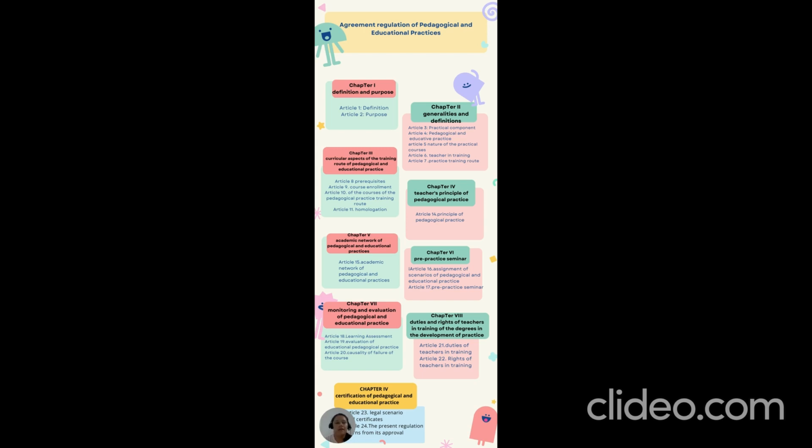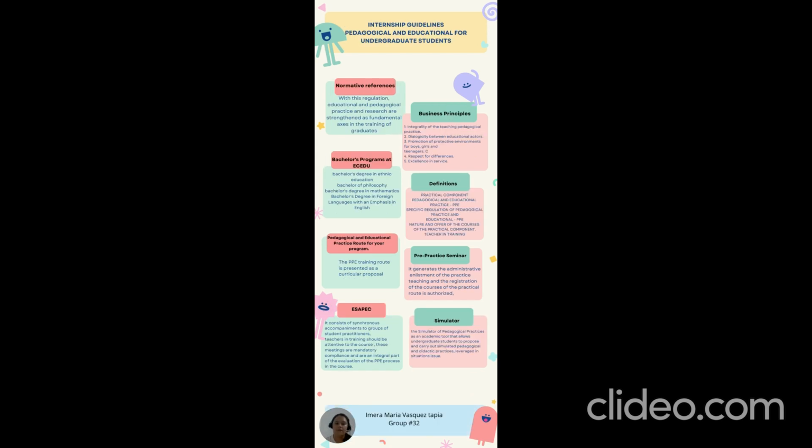And then we have, let me just try to switch. Okay, right here. So then we have internship guidelines, pedagogical and educational for undergraduate students. And this is pretty much the reference and the business principles and some information that is required for us to understand, and is the regulation of the research and the training of graduates, and a reference that we have to be aware of.